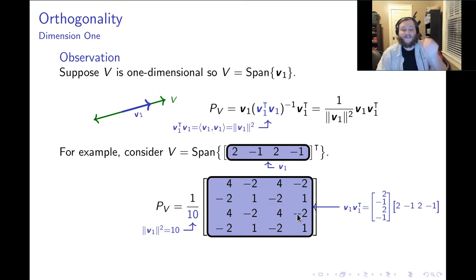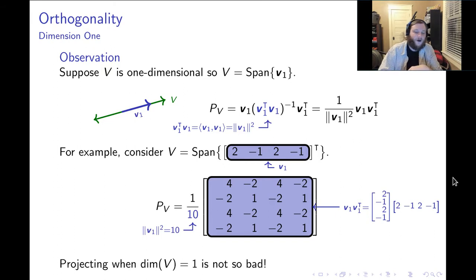And that's the second ingredient in the projection formula when the dimension of the space is equal to 1. So in general, if you give me a space and ask me to find the projection matrix, I might find that kind of annoying. But if I know the space has dimension 1, I just have to do this, and I don't find the task particularly difficult. So that's the lesson here. Projecting when dimension is 1 is not so bad.